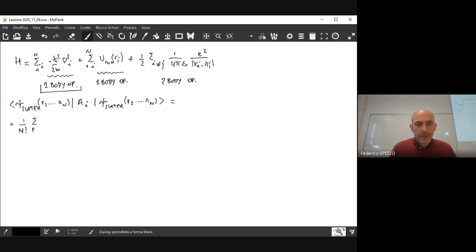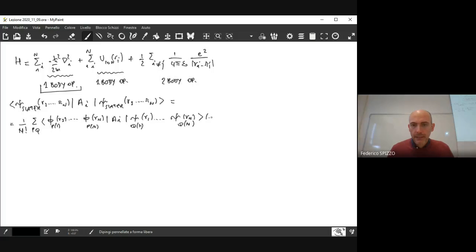So we have the summation over P and Q of the first... Okay, so in this case, for all the coordinates that are not the coordinate of electron I, for those coordinates we have just the scalar products.